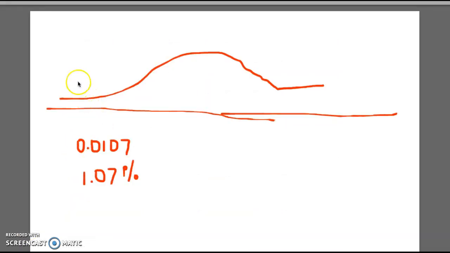So that's saying at 11, so our mean was 13. Let me see if I can put that back in the middle. Our mean was 13. So it's basically saying less than 1%. Super small value. Our age is 11. Aircraft age 11 from our sample is less than 1.07%. Very small value.